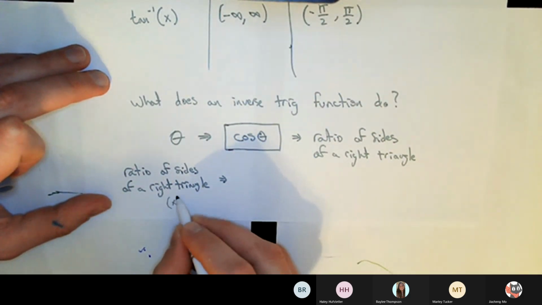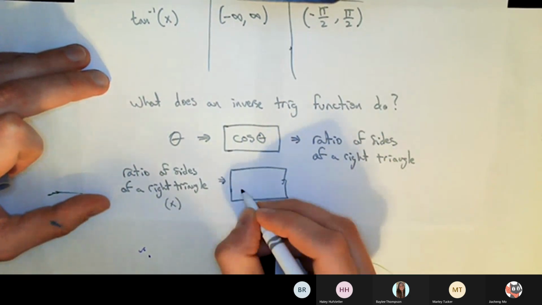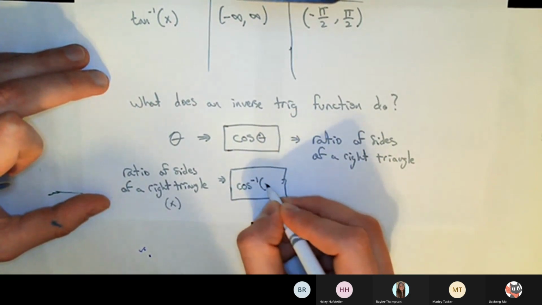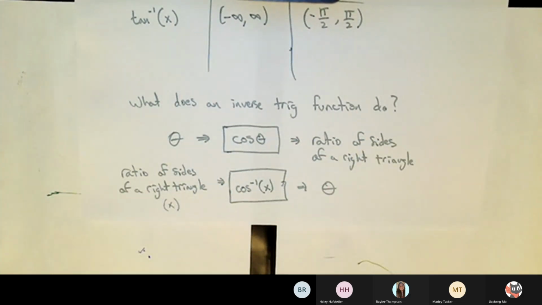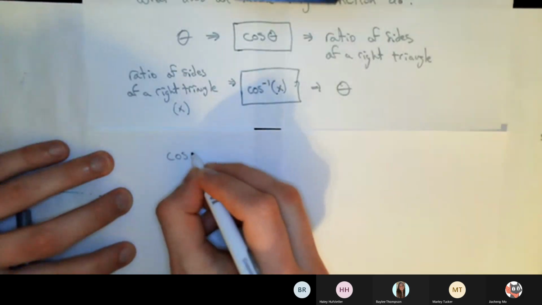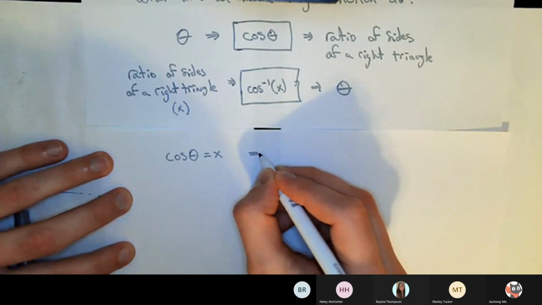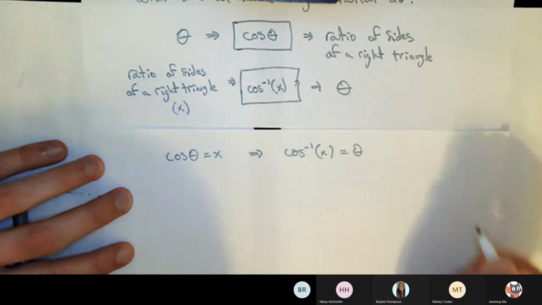So we'll say x is now our new input into an inverse trig function, and it's going to output an angle. So cosine of theta equals x means that cosine inverse of x is equal to theta.